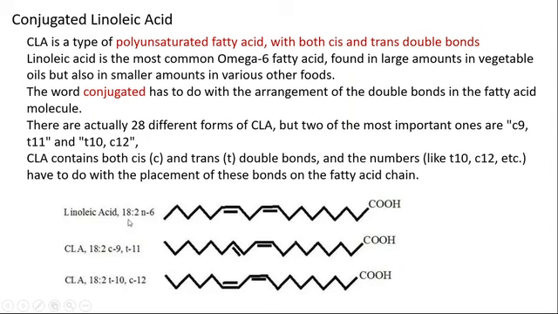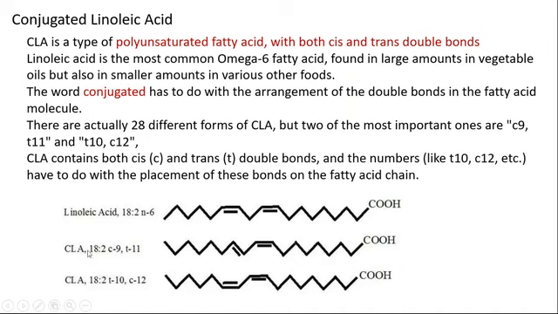So you have linoleic acid, you see it is 18:2 and it is n-6. Now if you look at the conjugated linoleic acid, as I said, you will have both the cis as well as the trans double bonds.